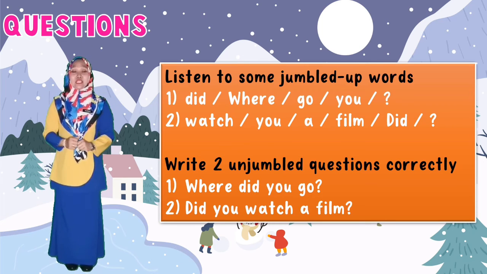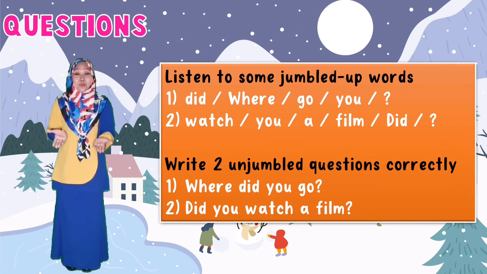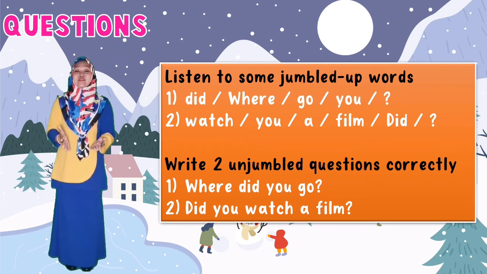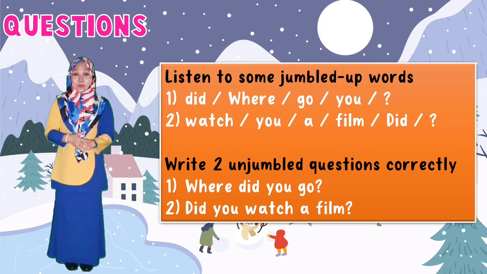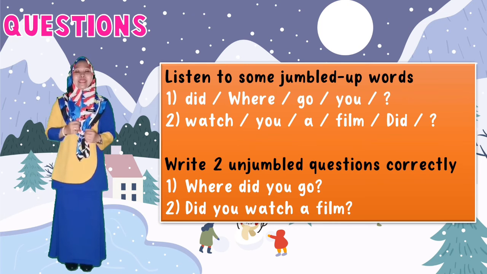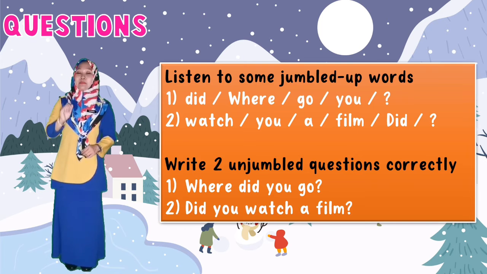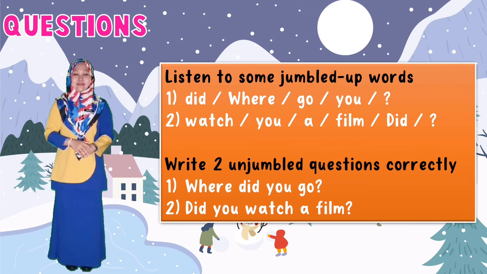Let me tell you the difference between yes-no questions and those questions with question words. Let us look at question number 1. Where did you go? Question 1 is a question with a question word because it starts with a WH word.